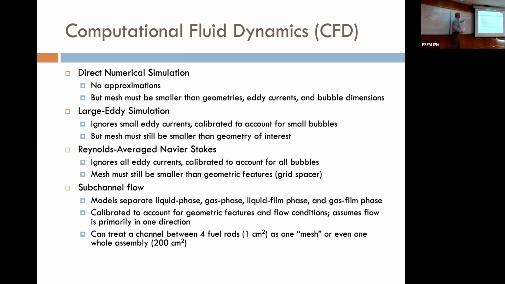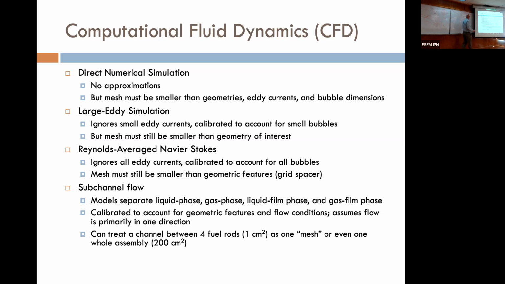If I go one level coarser to Reynolds-averaged Navier-Stokes, that's going to say, forget about all these eddy currents. If we did DNS and LES and a bunch of experiments, then we can determine the effect of those eddy currents. Those eddy currents will affect heat transfer, how quickly the heat goes from the surface into the fluid. It will affect the overall velocity, but we can just create some models to account for that.